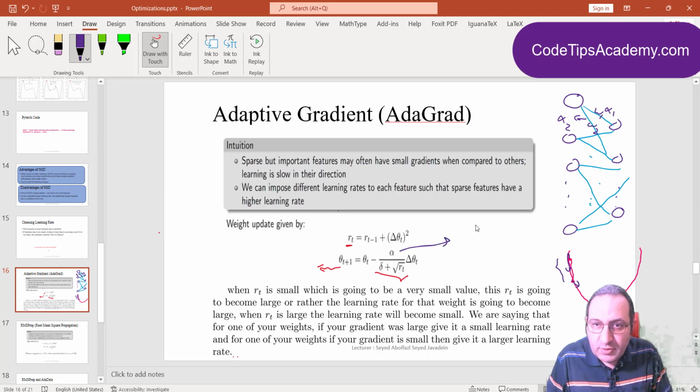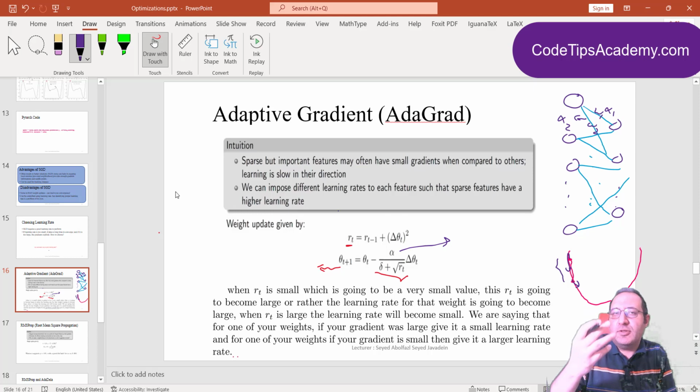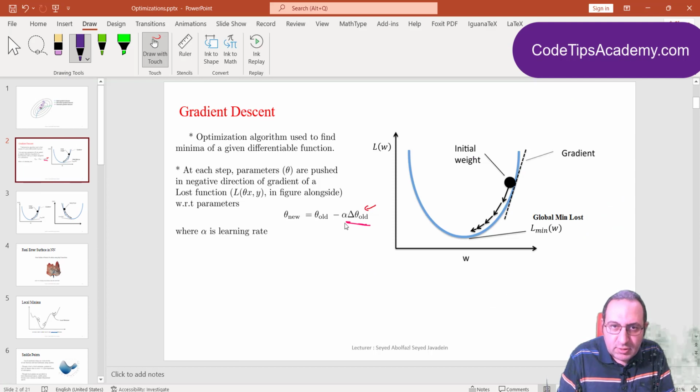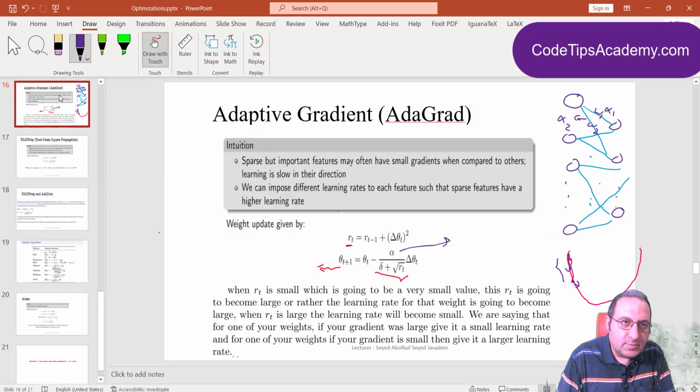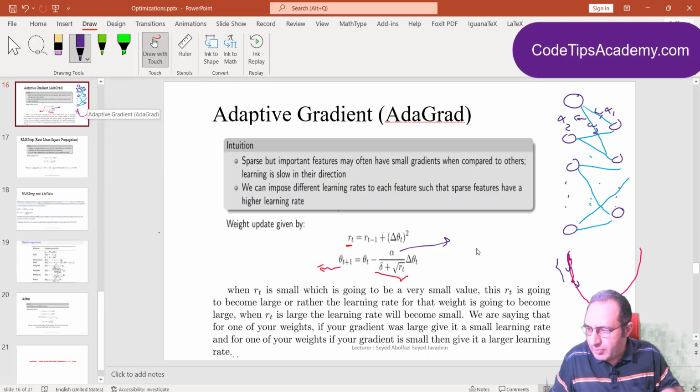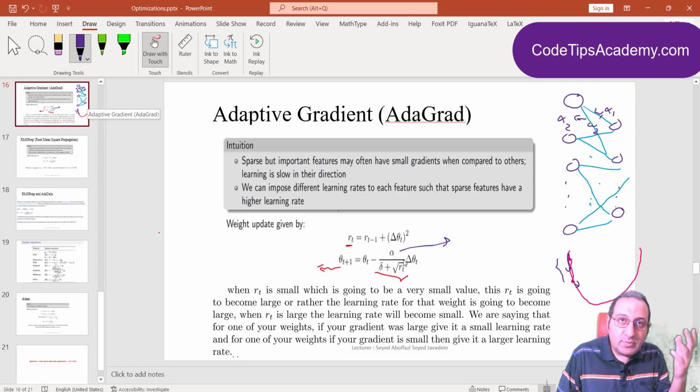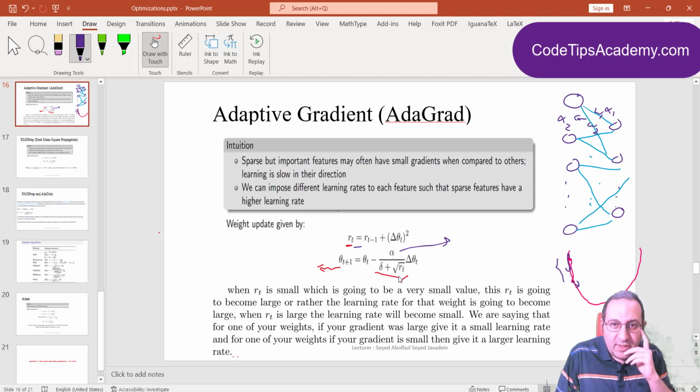Alpha is our default learning rate, the learning rate that we have had in gradient descent until now. We have alpha, the learning rate that we had in vanilla gradient descent, and we have the change of weights that we had in vanilla gradient descent. Something that's added in adaptive gradient is this formula and this amount.